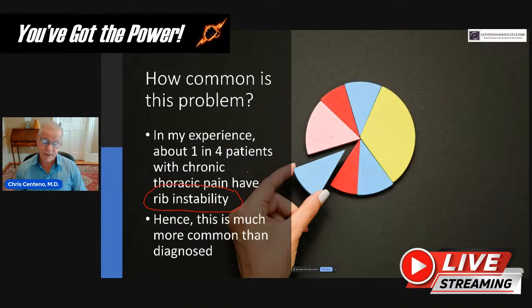And I think that's why you see so many people going on the internet trying to figure out what's going on. It feels to me like there's a rib that's the problem, but I went to my doctor and maybe he said I had costochondritis or something like that. He didn't really go here. So I think that's why we see so much searching around this topic, and probably why it was brought up by one of our viewers just a couple weeks ago.